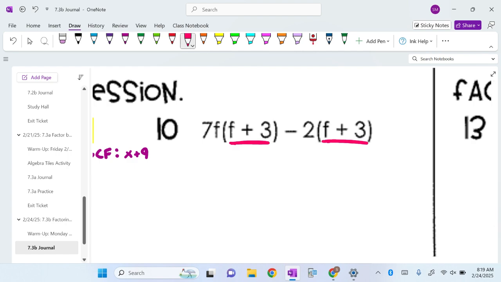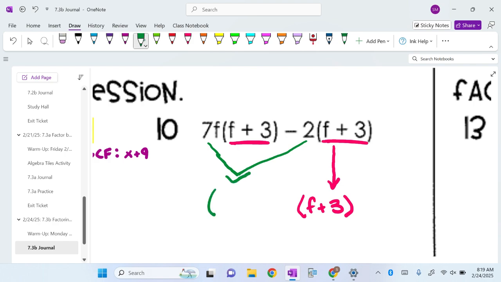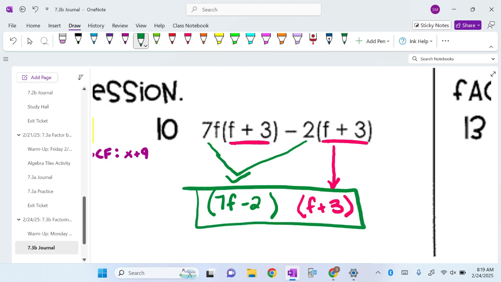Because once you have them the same, the trick is that you bring one of those parentheses down, and then you take the two GCFs outside those parentheses down into their own bubble. So 7f minus 2. And then just like that, it's factored.